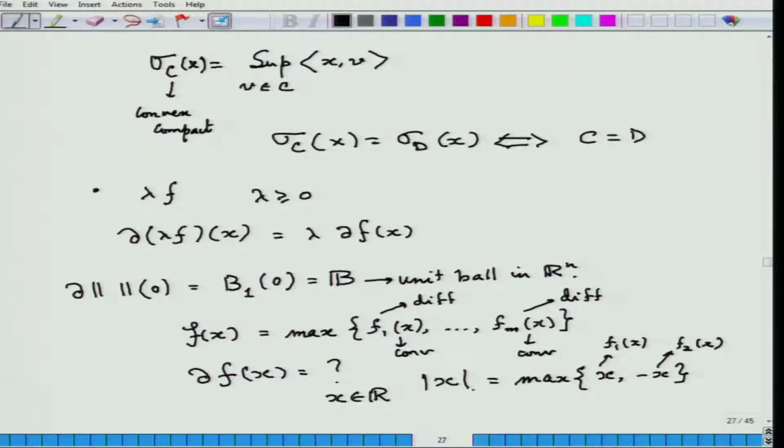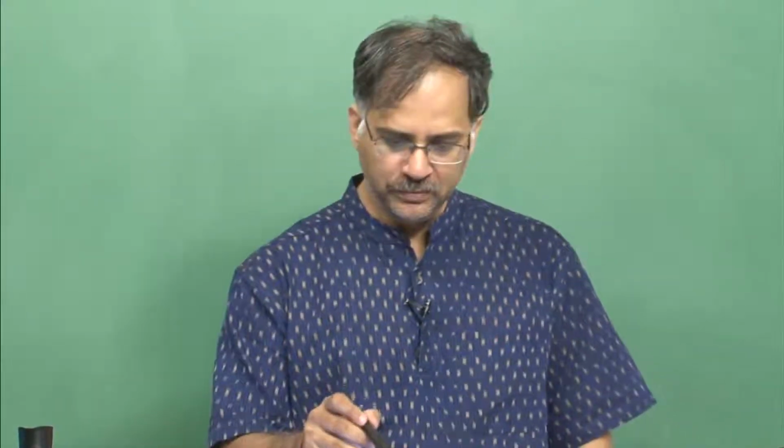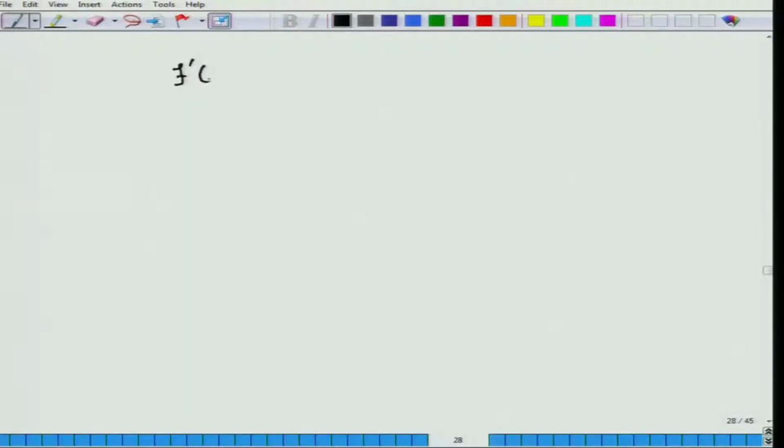You see, even the most standard well known thing can be expressed as a max function. So, how do I find its subdifferential? In fact, I am just now going to write both the directional derivative as well as the subdifferential. So, let me first write down for that class of functions the directional derivative.